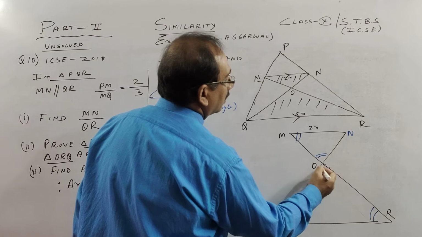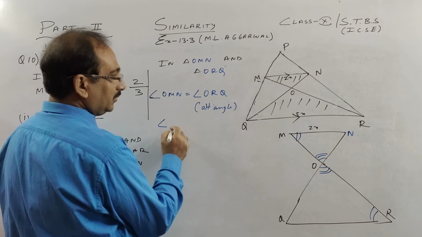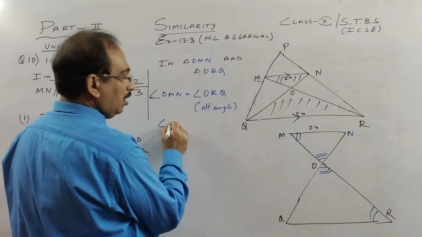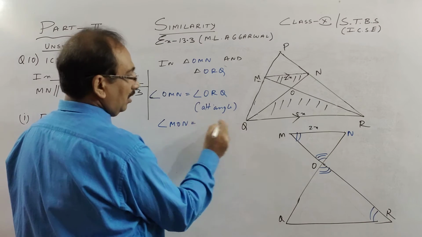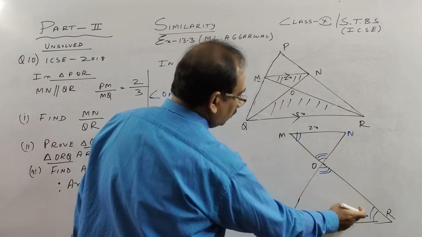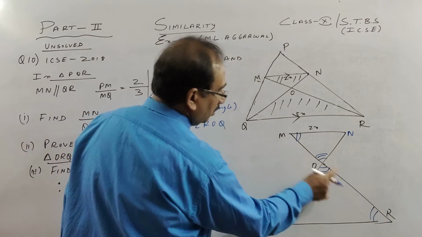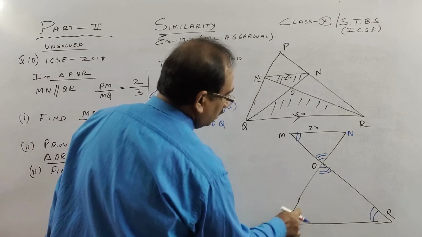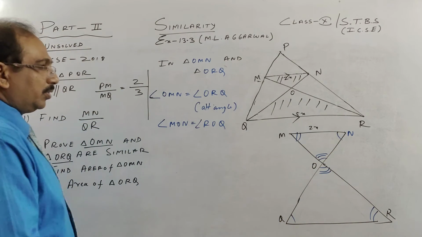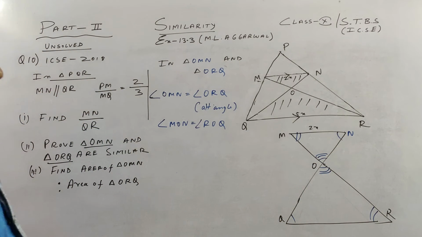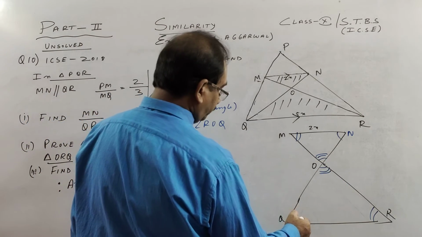So what we get, children, here is angle MON, so here also angle ROQ. See R double line, and then single line you can put. So MON, this angle is ROQ.